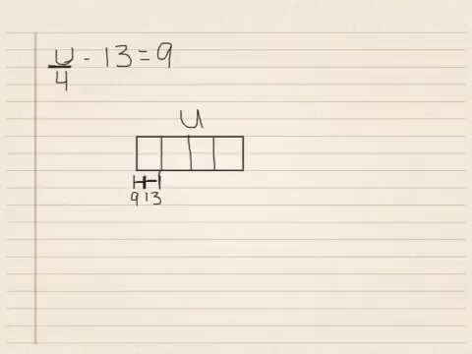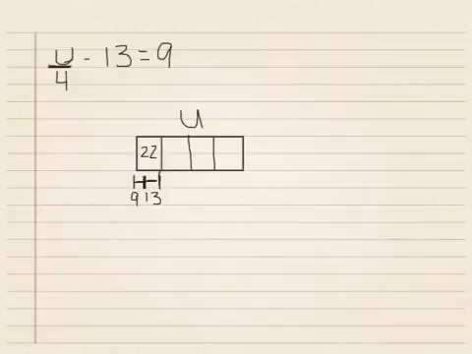If I took 13 away from a number and was left with 9, then to find out what the whole fourth was before we took anything away, we add 9 and 13 and see that it was 22.